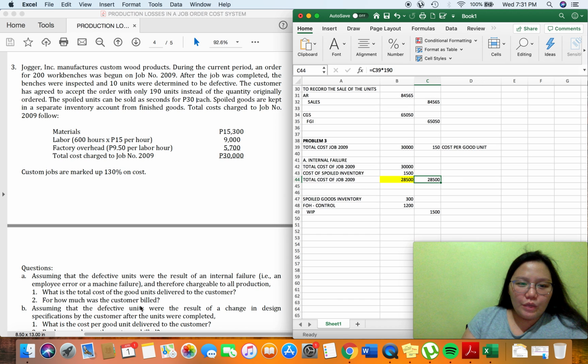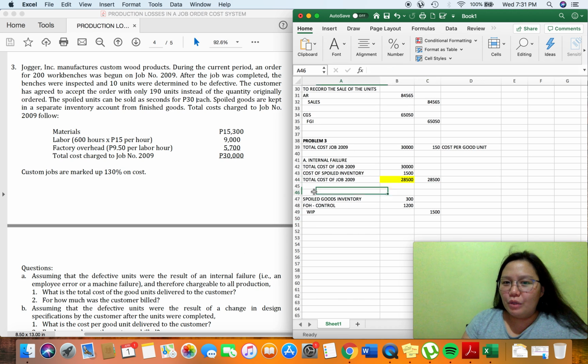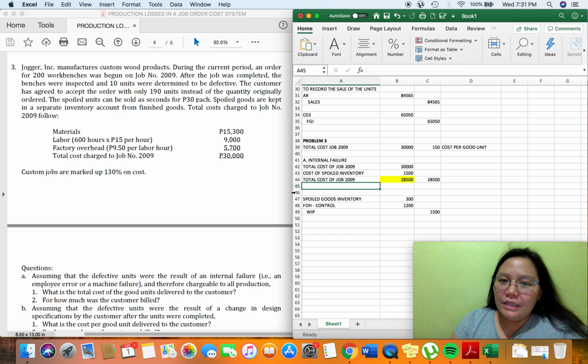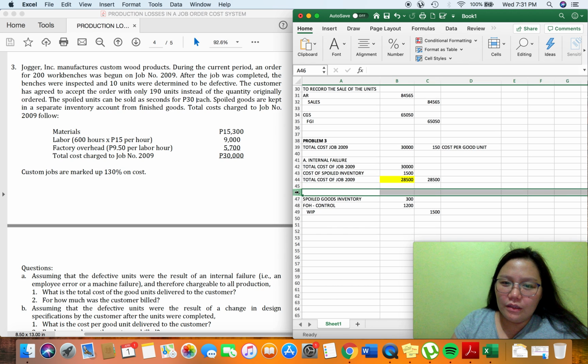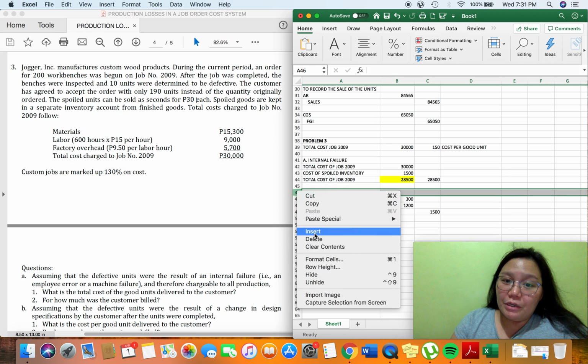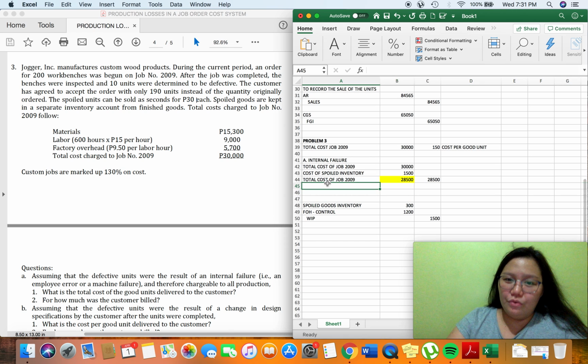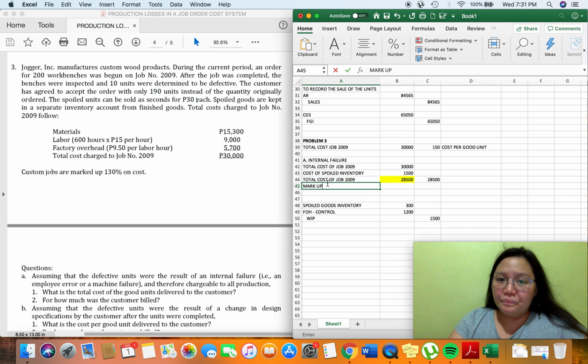Now, for the next question, for how much was the customer billed? So just like our example earlier, di ba, we bill the customer at 130% of cost. So we have a markup, which is at 1.3.